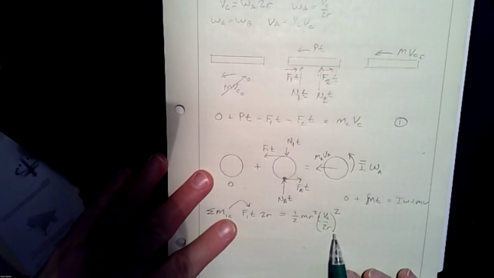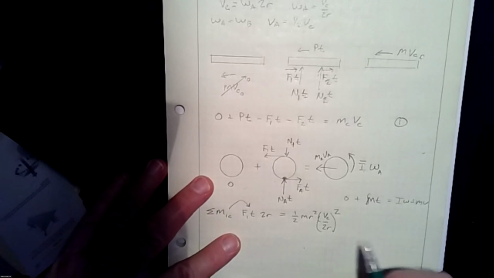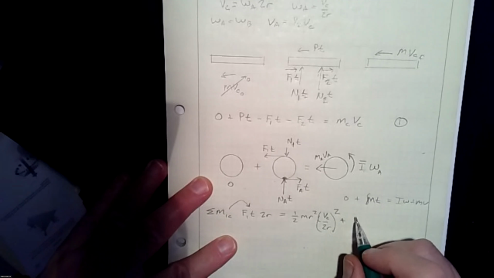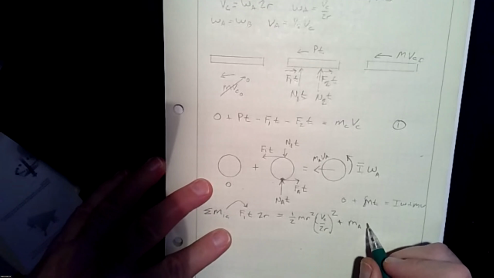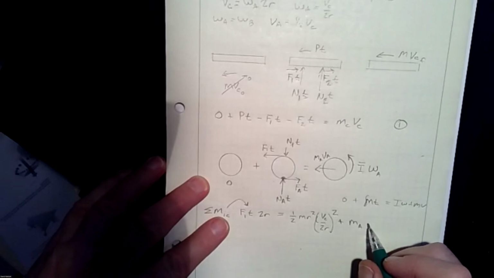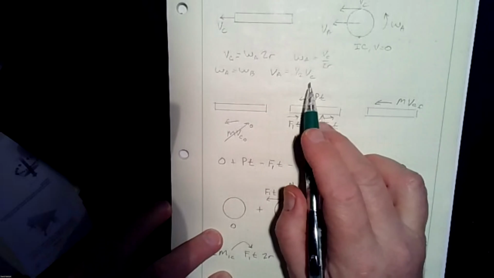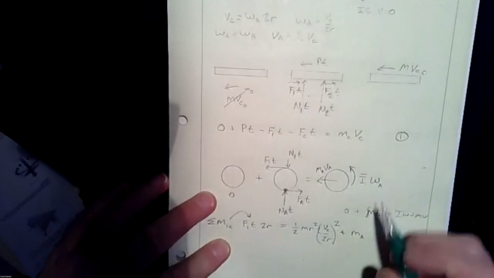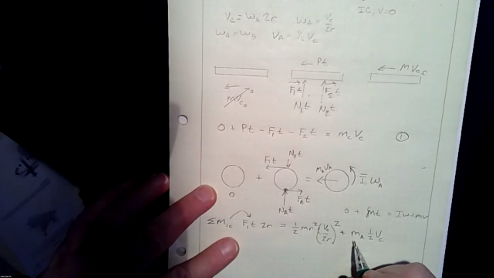Just that substitution. And then what else do we have? We have plus MA, mass of A, and then the velocity of C is 1/2 velocity of A. So instead of velocity of A in here, we're going to put 1/2 velocity of C in here.